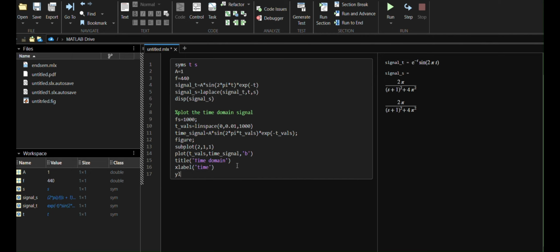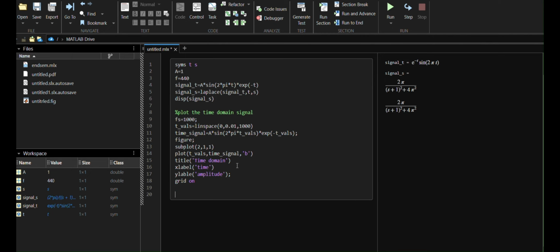Similarly, I write a y label. It's nothing but amplitude with respect to the value of the f of t. So now I put the function grid on. Grid on means when the complex function is generated, that means the complex value is generated, after that the time value will appear. That means we'll plot both plots at the same time. That is the reason we are using grid on.